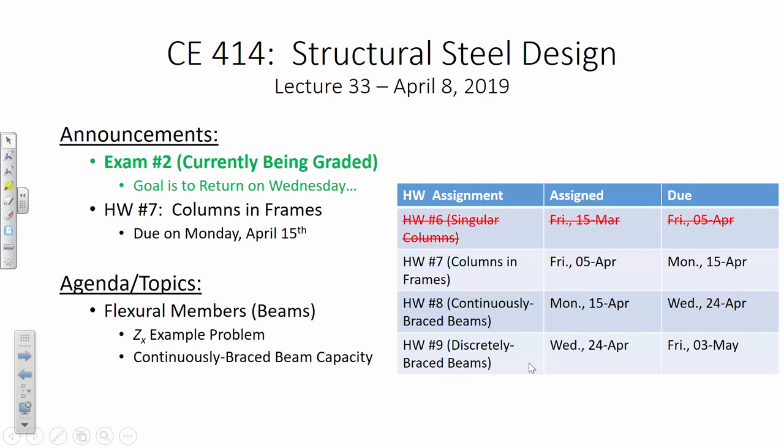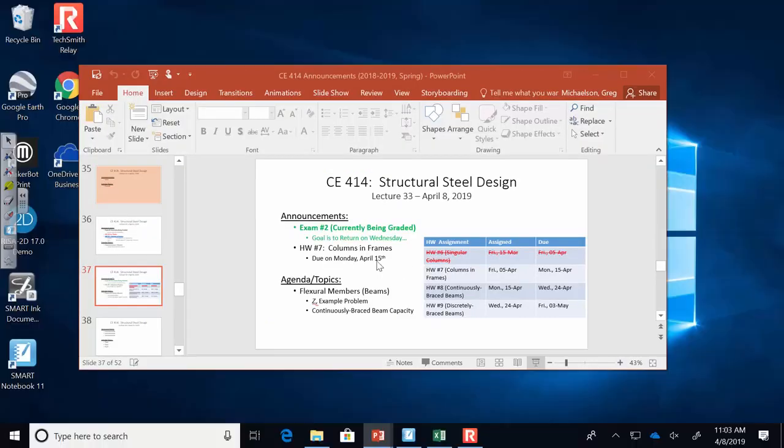I'm not going to make you compute SX, but I want you to see the difference. Then we're going to talk about capacity, and specifically how discretely braced beams differ from continuously braced beams, both from a code standpoint and from a capacity standpoint. I think you'll get an idea of where this is headed after this lecture.